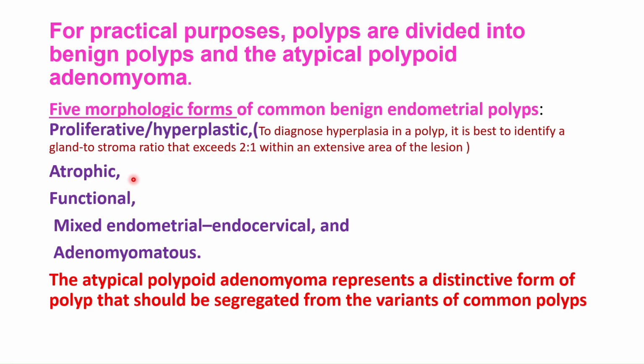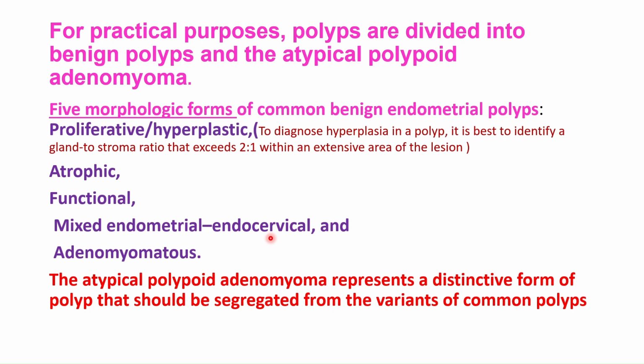Atrophic, as the name suggests, the lining is like a postmenopausal women showing atrophic gland. Functional may be either secretory phase or proliferative phase gland, and mixed, as the name suggests, endometrial as well as endocervical, both the glandular tissue are present in single polyp.